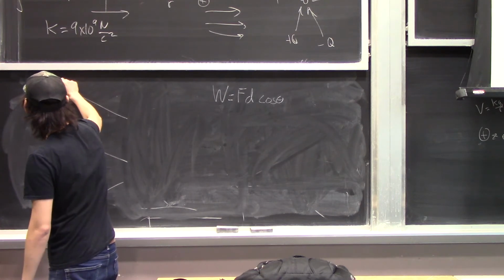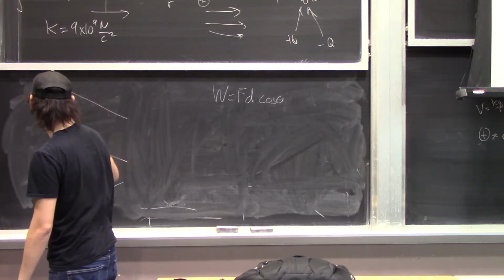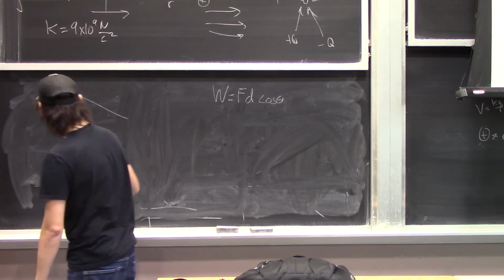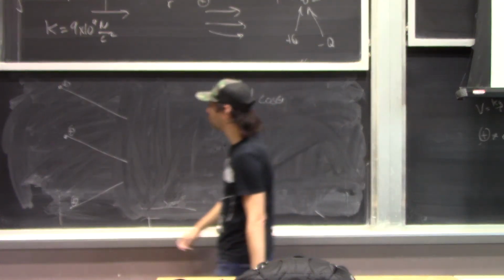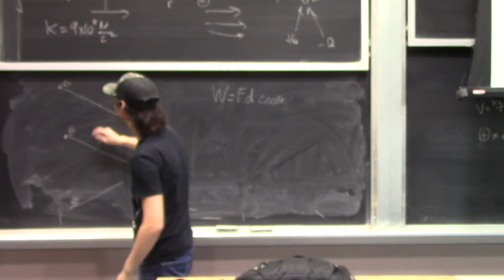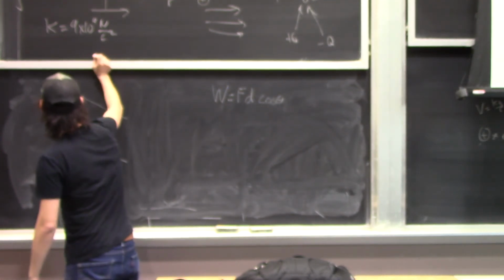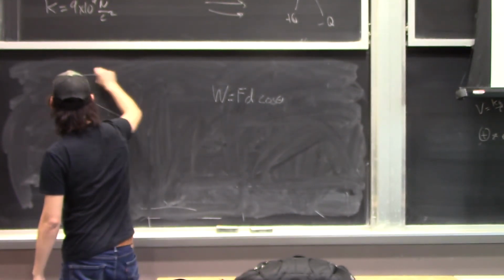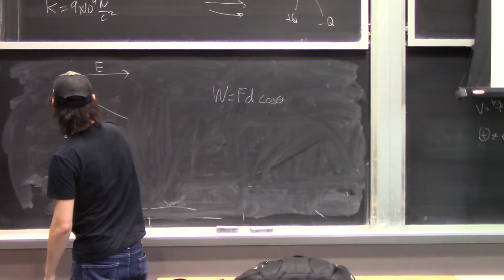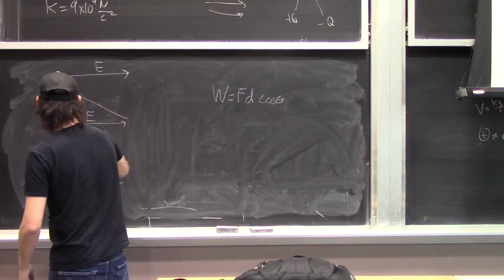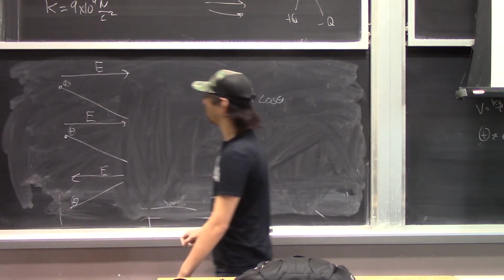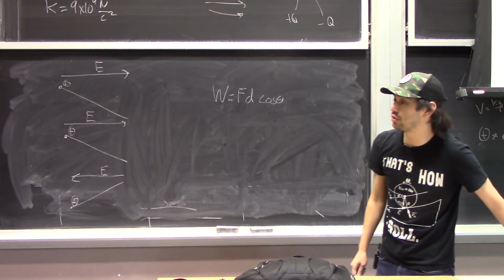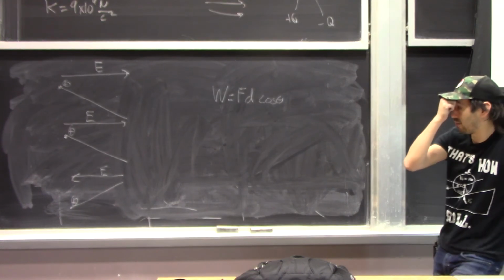And now we have our charge. And the charge is going to, in these two cases, naturally go down the hill, which is actually the same direction as the electric field, right? Because the electric field here points this way, and here points this way. And ultimately, because this is a positive charge, the electric field and the force are pointing the same way.